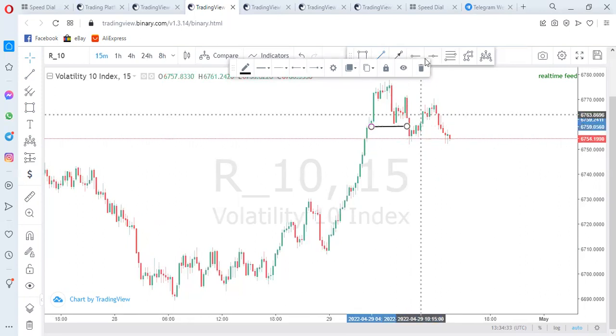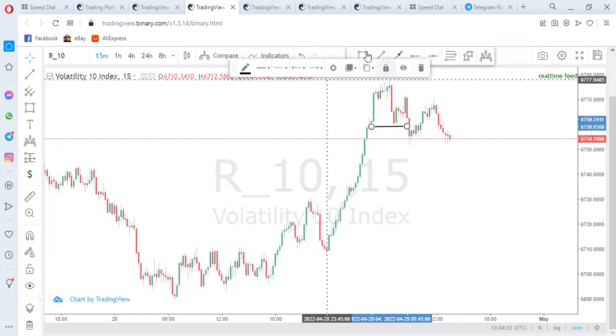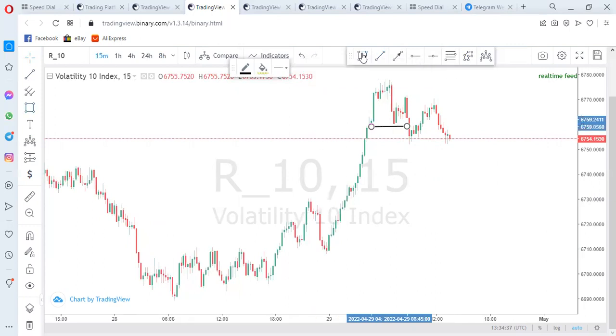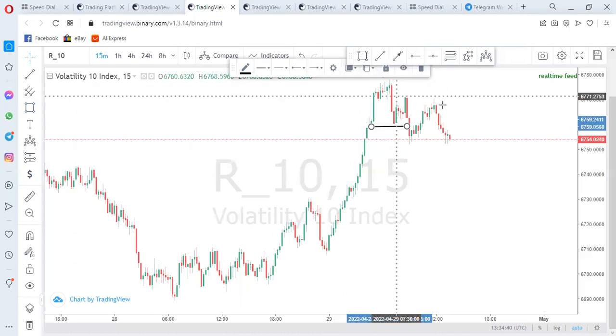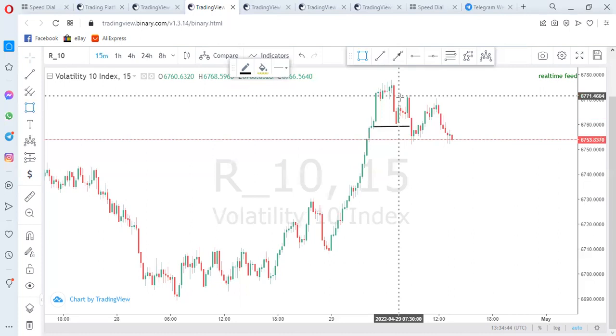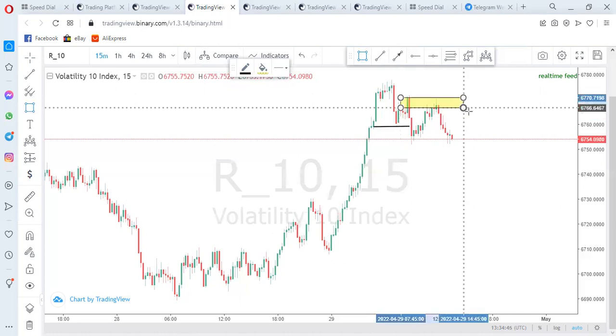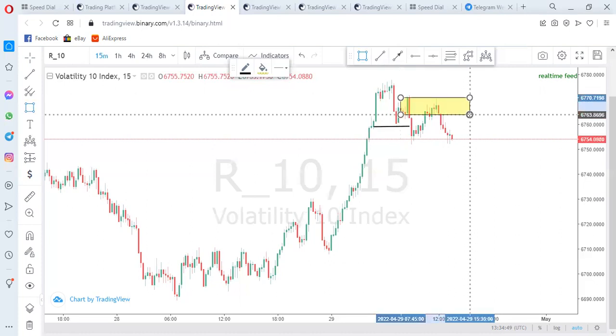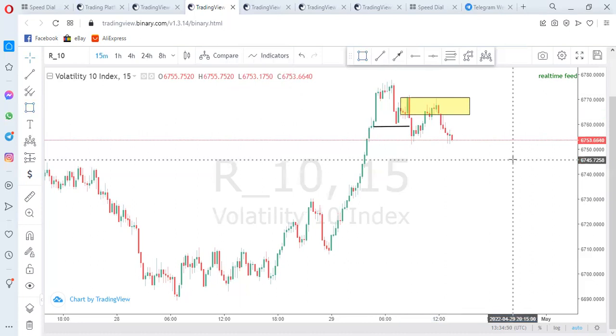So price has now returned to mitigate this area. Price returned to mitigate the 15-minute institutional candle, and that's why I called the sell.